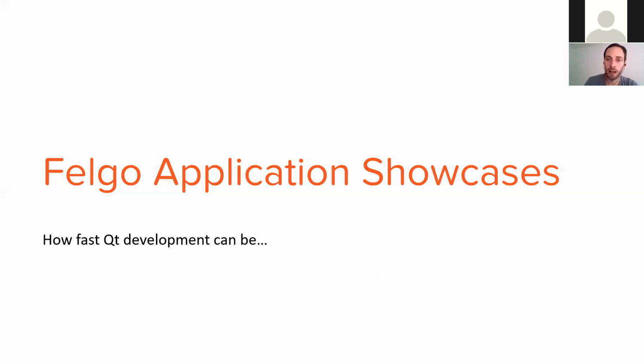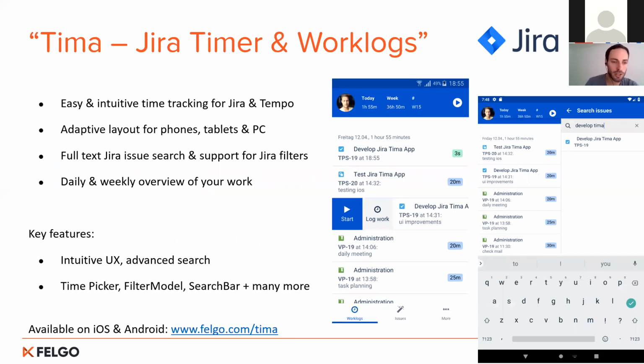All right, and now I want to show you some applications that we developed to give you an impression of how fast development of Qt applications can actually be. So one of the applications that we started in an internal hackathon is an application for tracking time for Jira. We use Jira internally quite significantly, not only for project management, but also for time tracking.